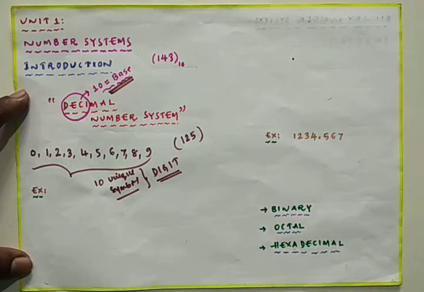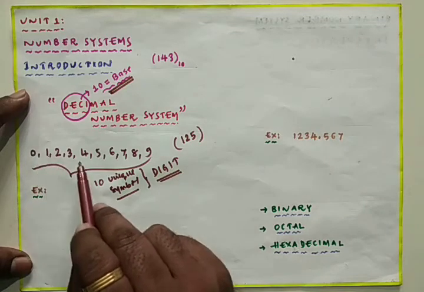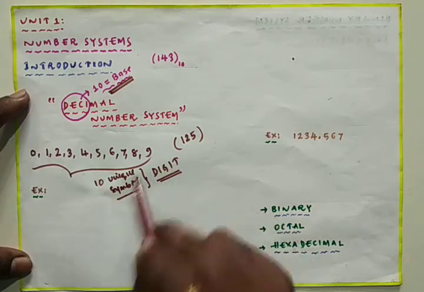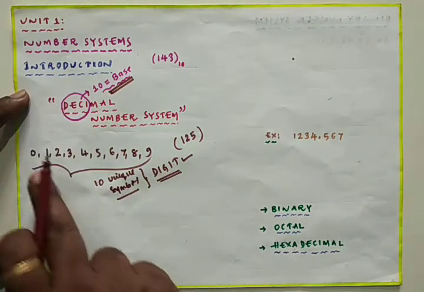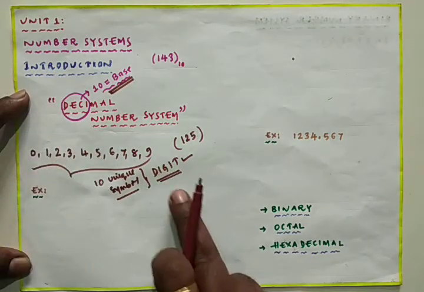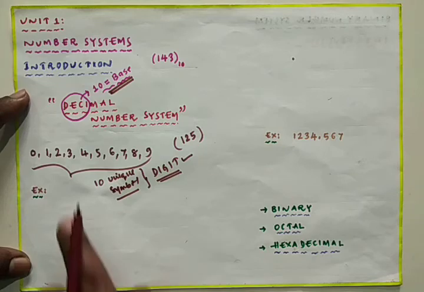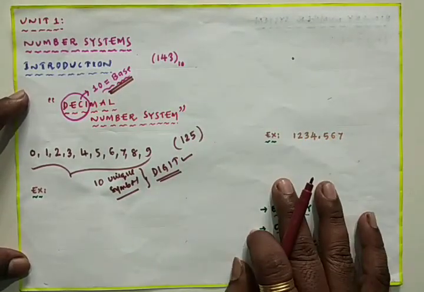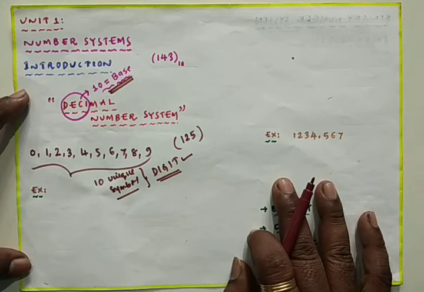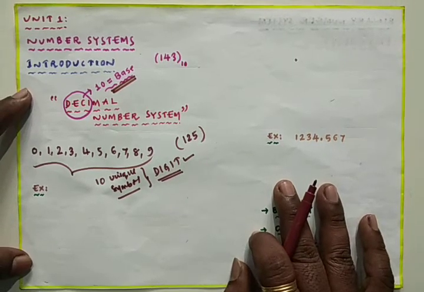In total, 10 unique symbols. Each unique symbol in the number system is called a digit. By default we are not mentioning the base, so if you talk about any number without mentioning the base, we have to assume that it is a decimal number.